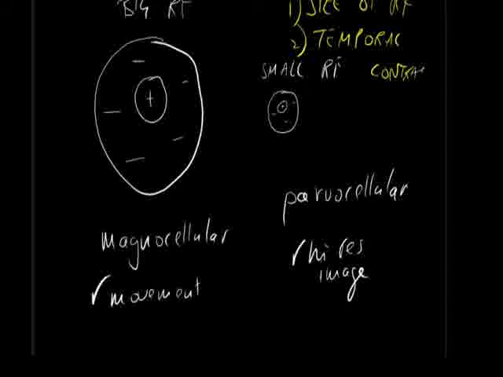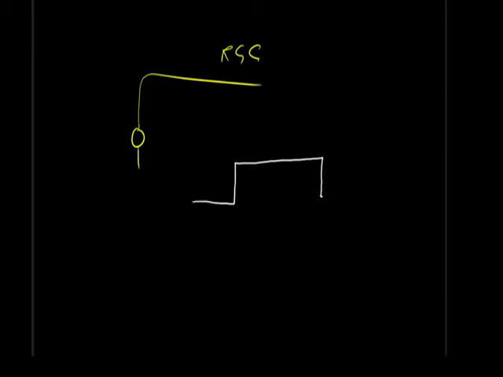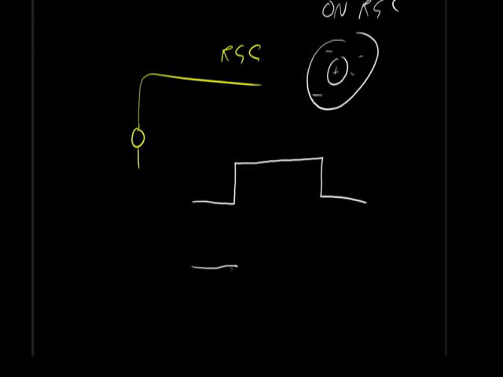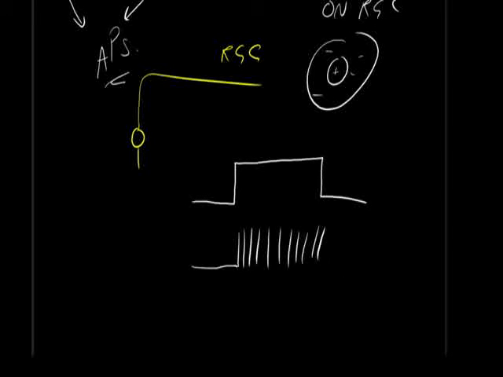What do I mean by that? Imagine that I'm recording from a retinal ganglion cell, and what I do is switch the light on and off. We're going to pick an on RGC. If I switch the light on, these have action potentials. Some cells will keep firing while the light's on.